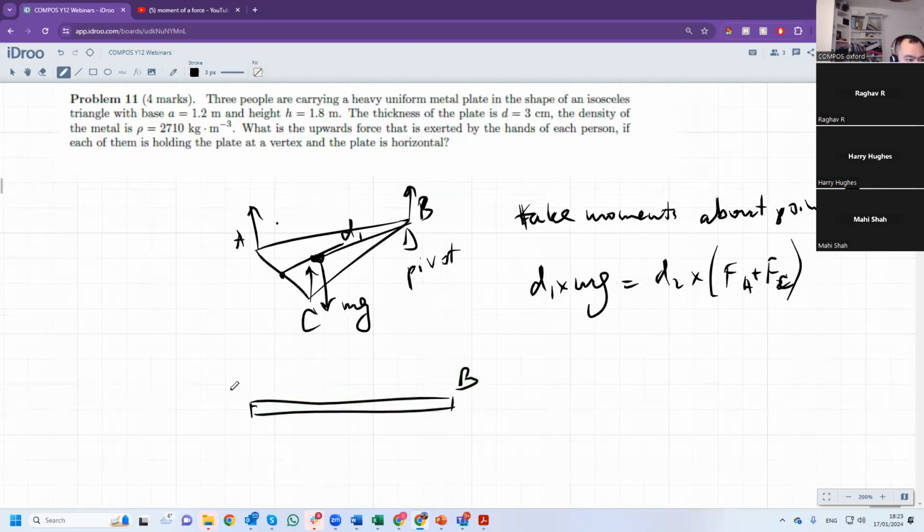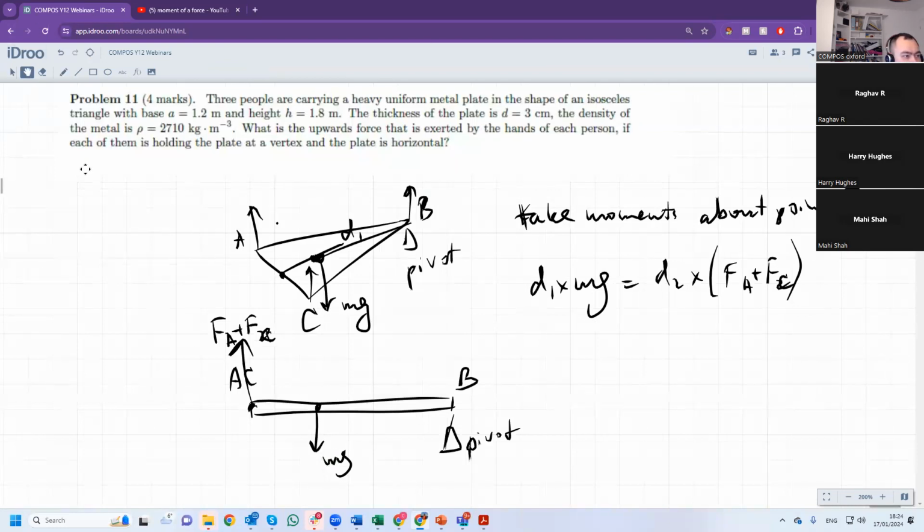So this is B, this is A and C together. This is MG, this is the pivot, and these are the two forces, FA plus FC. And then just take the moments around point B. Hopefully that makes sense.